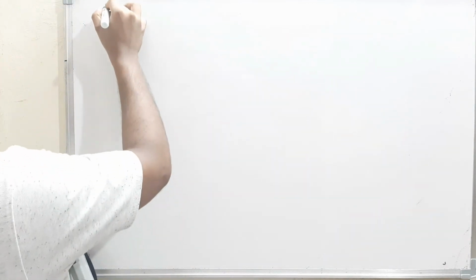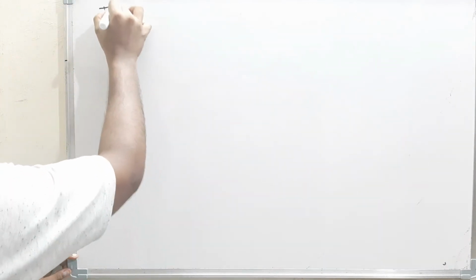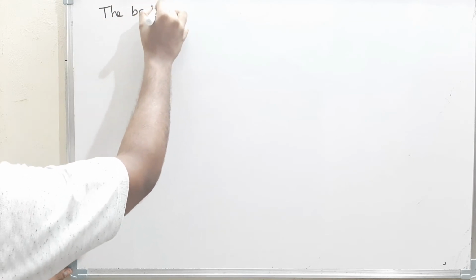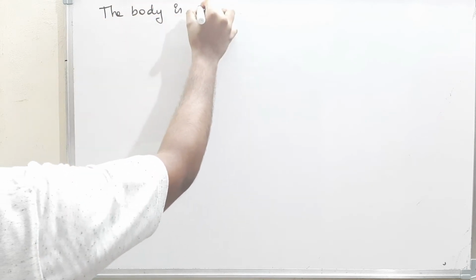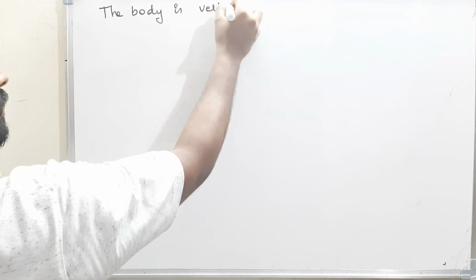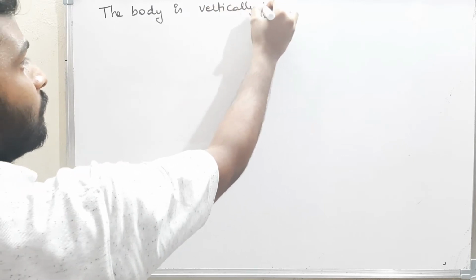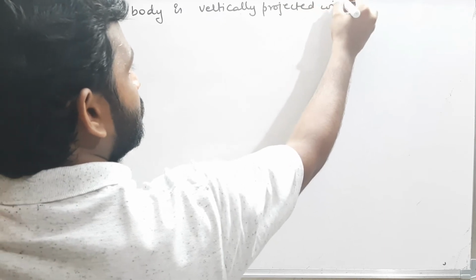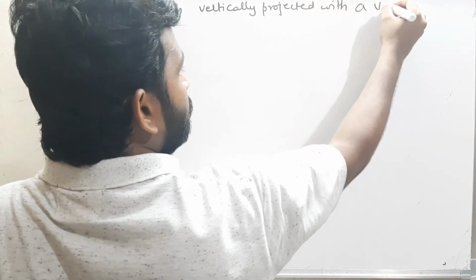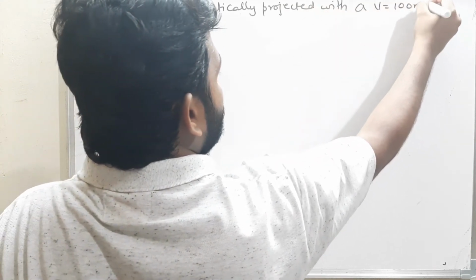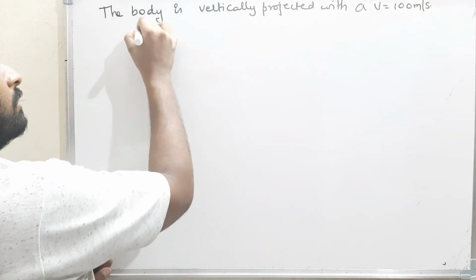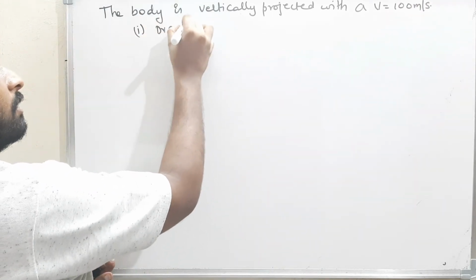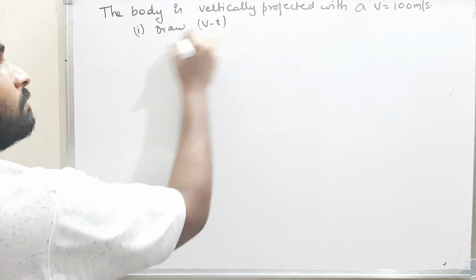Okay, now see here. The body is vertically projected with a velocity v is equal to 100 meters per second. Now they want to find, that is, draw the vt curve.